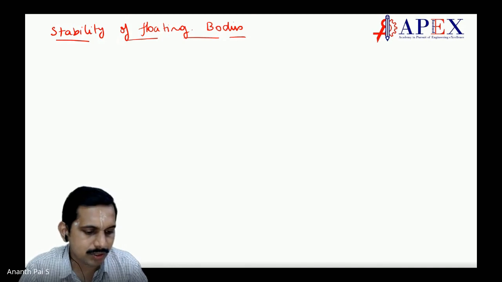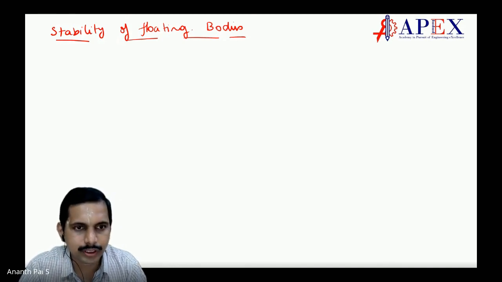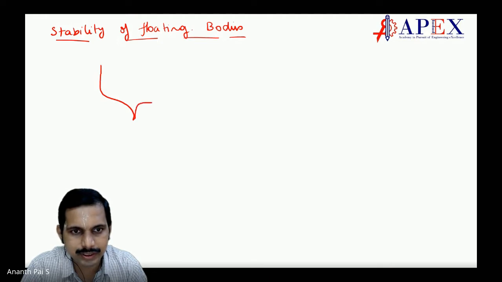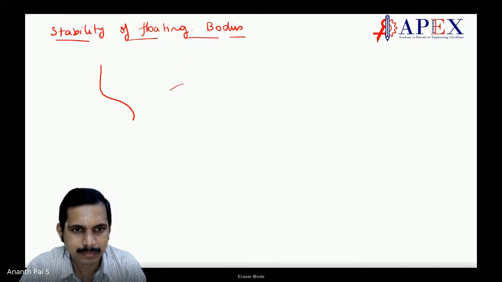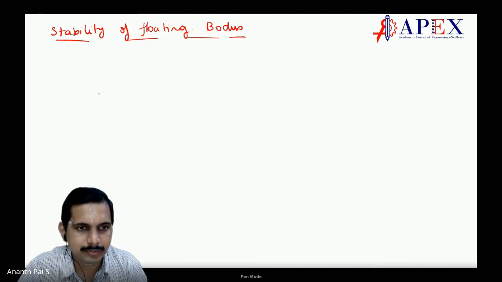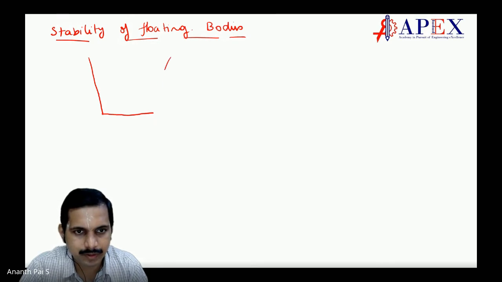Okay. So now let us say a floating body. So floating body generally, when you say it's a ship, that is taken into consideration. Right? So let me have a ship. Let me have it like this in a simple way, because for me drawing is complicated. This is my ship, I say.